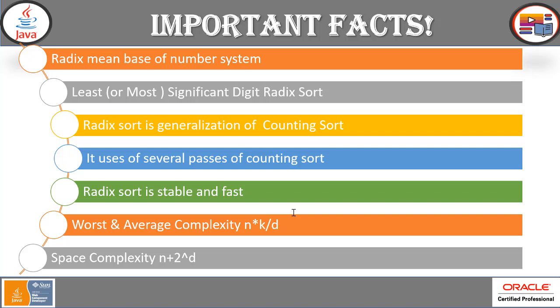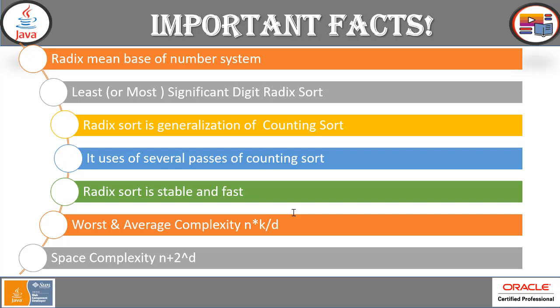Radix sort is a generalization of counting sort or bucket sort. Since it's not a comparative sorting algorithm, it is a kind of bucket sort where we keep it in a buffer and then we sort it and place it in the proper position. It uses several passes of counting sort. So we have seen the number of digits, the number of passes for individual buckets to sort the numbers.